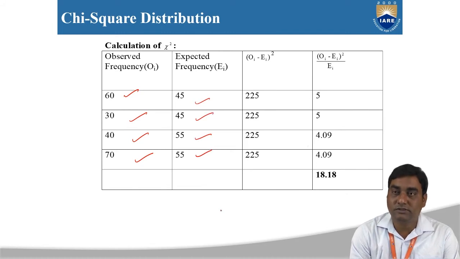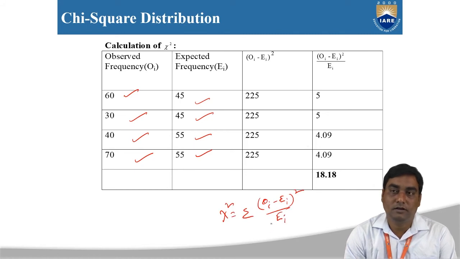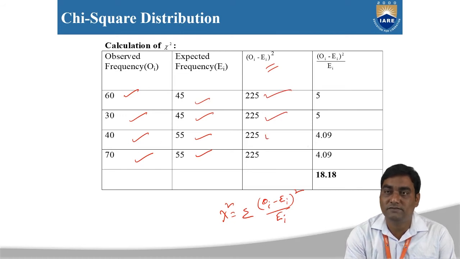Next, what is the chi-square formula? Sigma (OI minus EI) whole square by EI. To evaluate this value, first we have to find (OI minus EI) whole square. 60 minus 45 is 15, 15 square is 225. 30 minus 45 is minus 15, whole square 225. 40 minus 55 is minus 15, whole square 225. 70 minus 55 is minus 15, whole square 225.